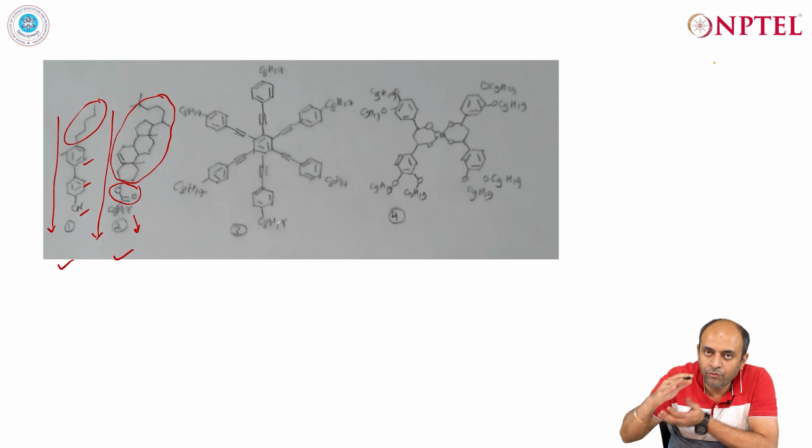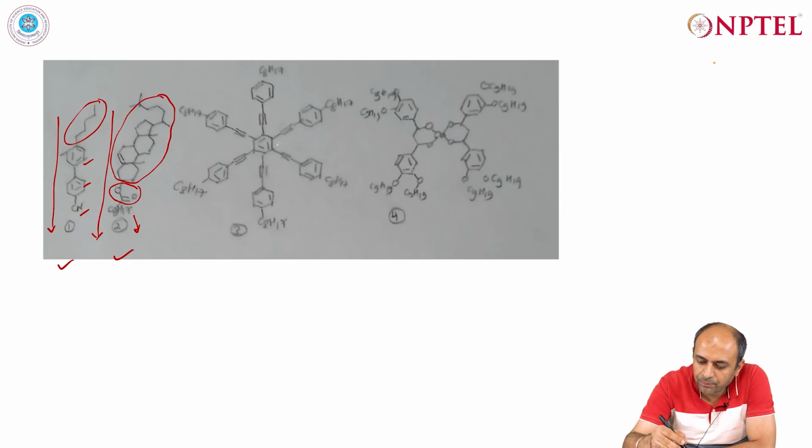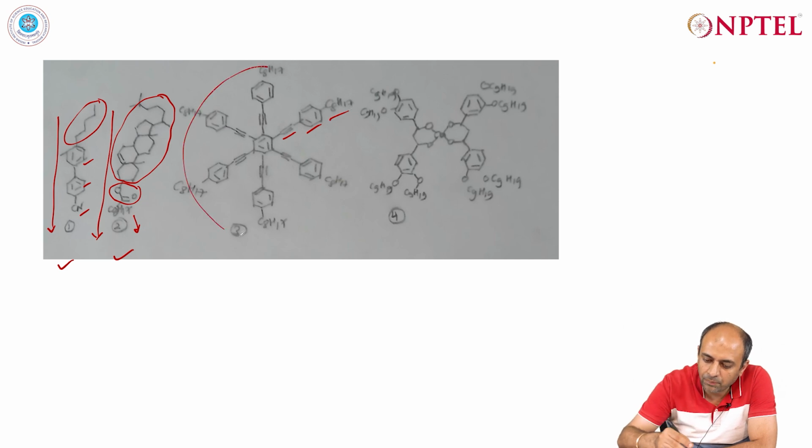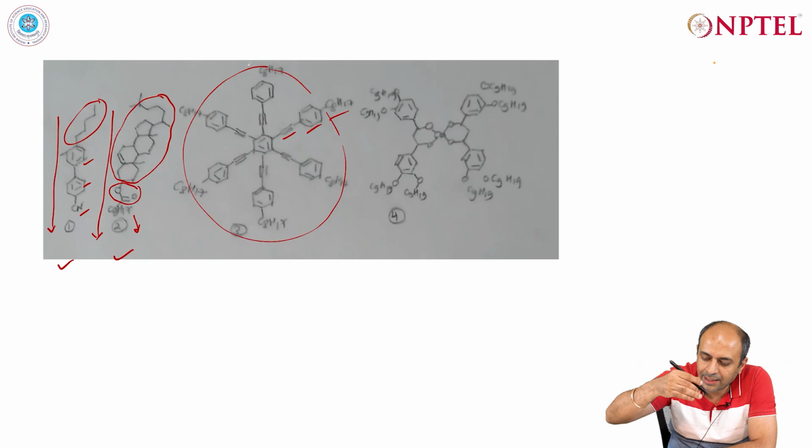Similarly, we can have flat disc-like molecules. For example, we can look at this hexa host, where every hydrogen is replaced with the corresponding ethinyl phenyl C8H17 moiety. So, this forms a circular flat disc-like molecule, and this is a pure organic compound.